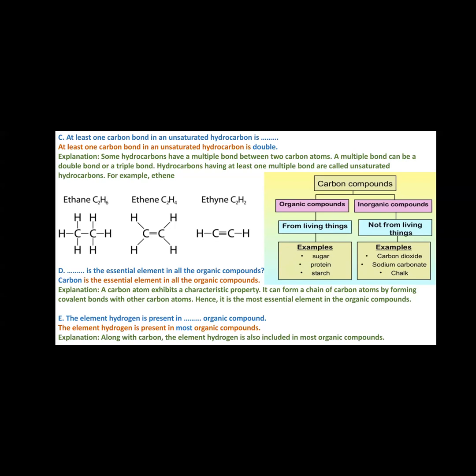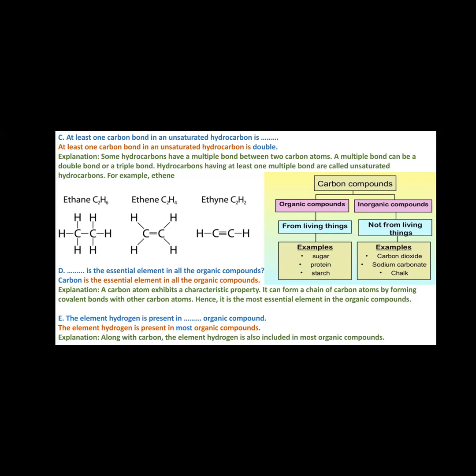Three formula structures are given for the example, namely ethane, ethene, and ethyne, where ethane is saturated because in the formula structure of ethane, that is C2H6, the two carbon atoms are joined by a single bond. Hence, ethane is an example of saturated hydrocarbons.